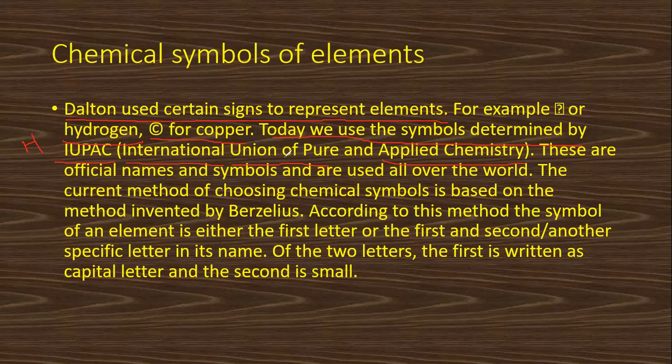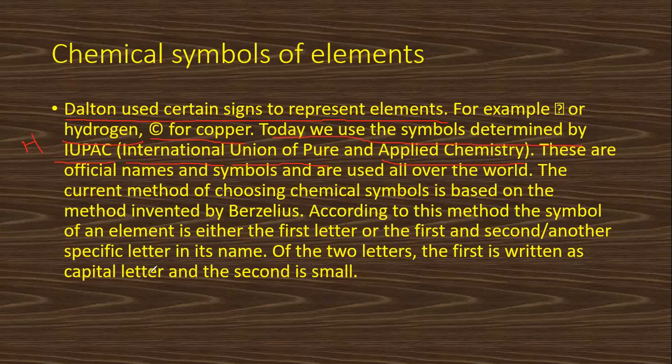These are officially named symbols and are used all over the world. The current method of choosing chemical symbols is based on a method invented by Berzelius. According to the method, the symbol of an element is either the first letter of its name, or the first and second, or another specific letter in the name, making two letters.